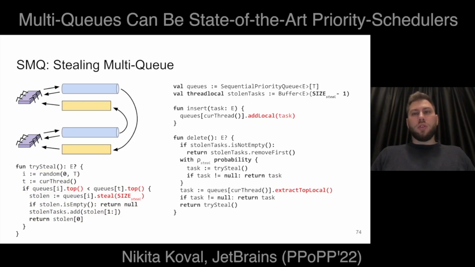So the implementation is simple, but we need to clarify how the add local, extract top local procedures work with our sequential priority queue, while we also have concurrent accesses with the top request and the steal function.